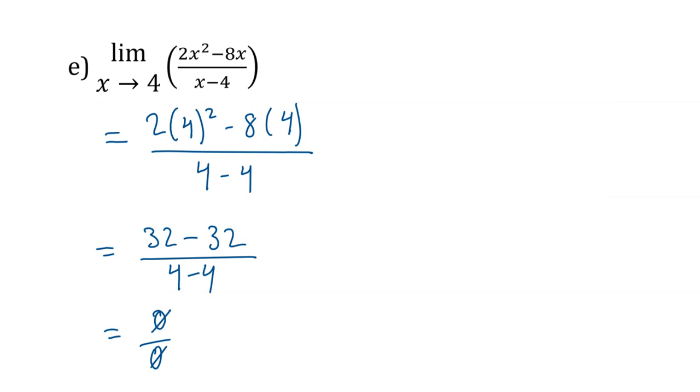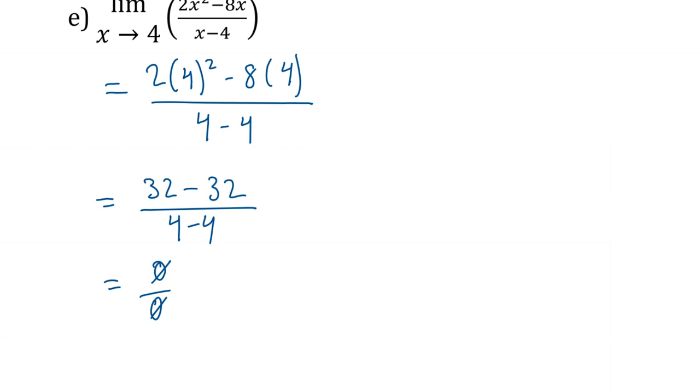This is a hole in the function, and that is left to leave us wondering what's actually happening. Okay? All we know is that it's a hole, and we don't really know what the function is actually doing. So it's not 0, or at least not for sure, and it's not an asymptote, at least not for sure. We just don't know.